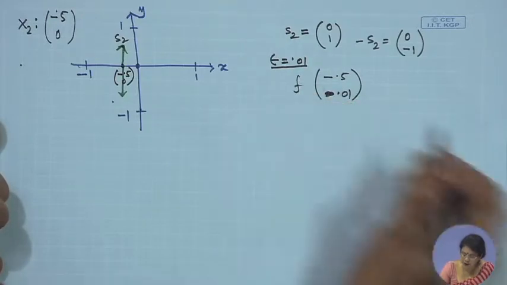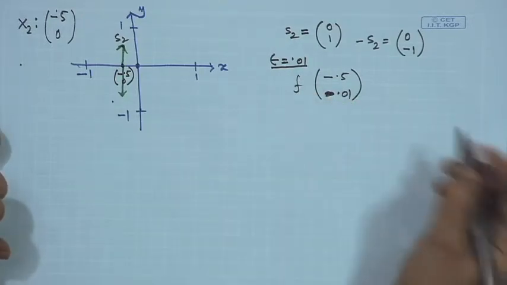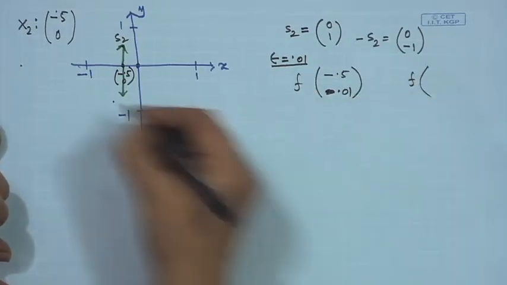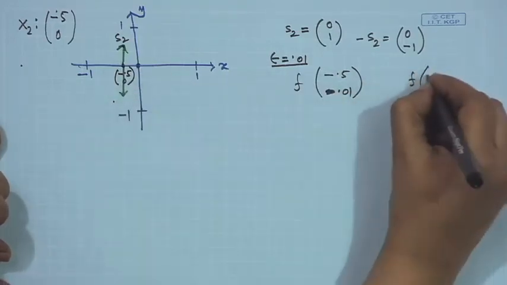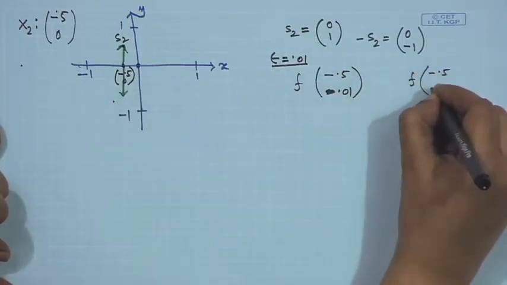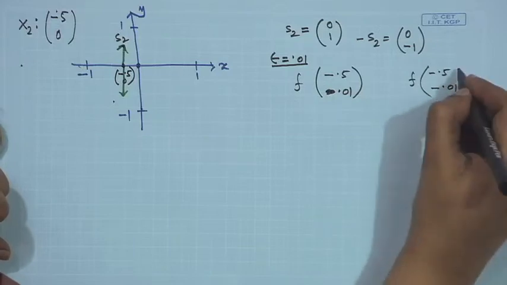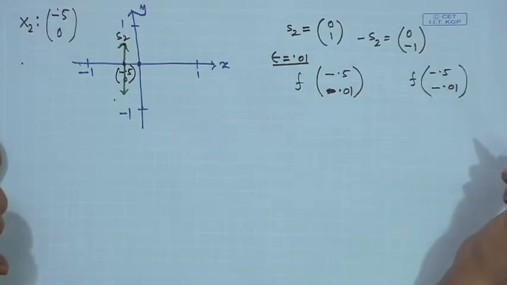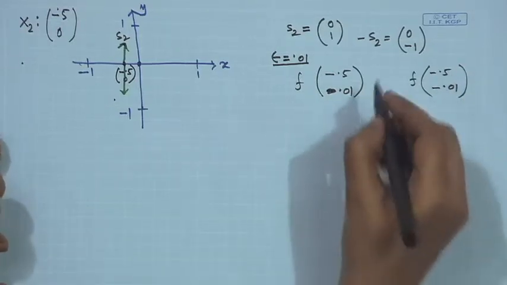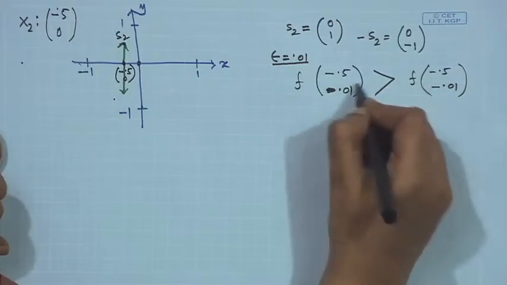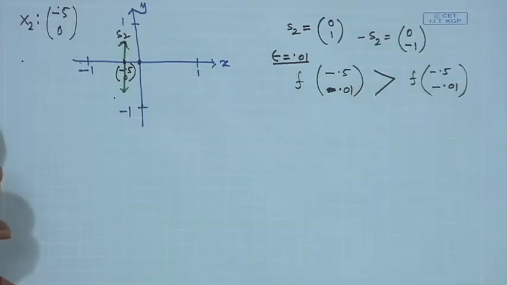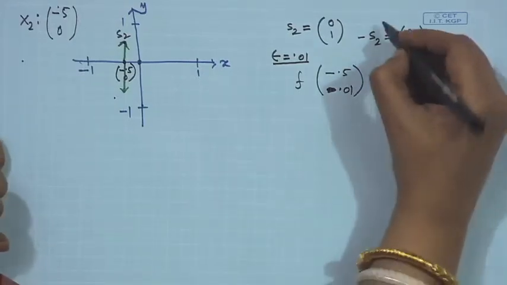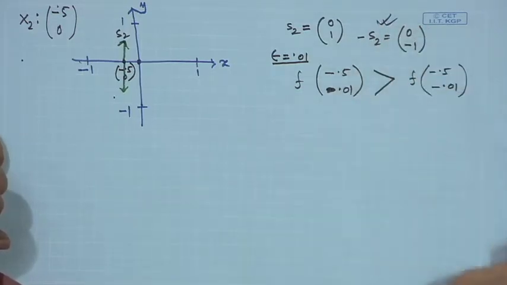I will see the functional value here, and I will see another in the lower part, minus 0.5 minus 0.01. If we calculate the values, I have seen this value is lesser than this. That is why we are sure that this direction is the best direction to get the minimum.